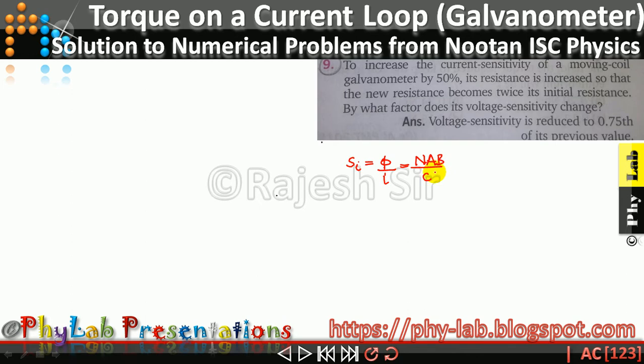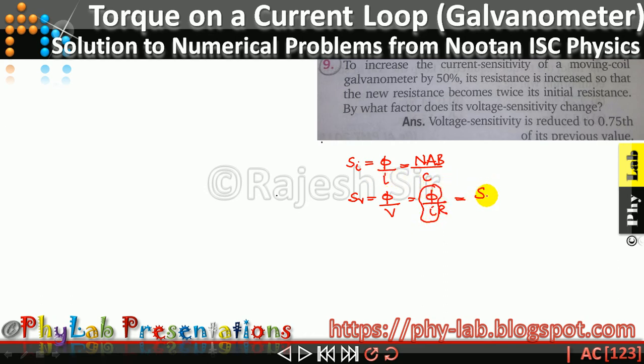of the suspension wire. Similarly, the voltage sensitivity is defined as the deflection produced per unit potential difference applied across the ends of the galvanometer or the voltmeter, and this can be written as phi upon V, where V can be written as I times R. So you can see this phi upon I is nothing but the current sensitivity.